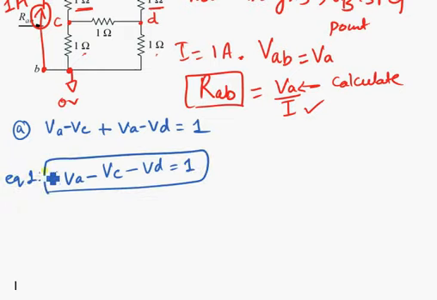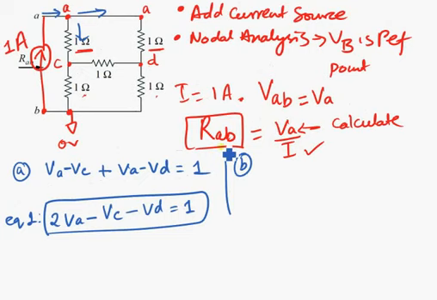Similarly, let's do a nodal analysis at node C. Let's indicate the arrows of the current. VA minus VC is the current coming in, divided by 1, which is equal to the sum of the currents going out: VC divided by 1 plus VC minus VD divided by 1.